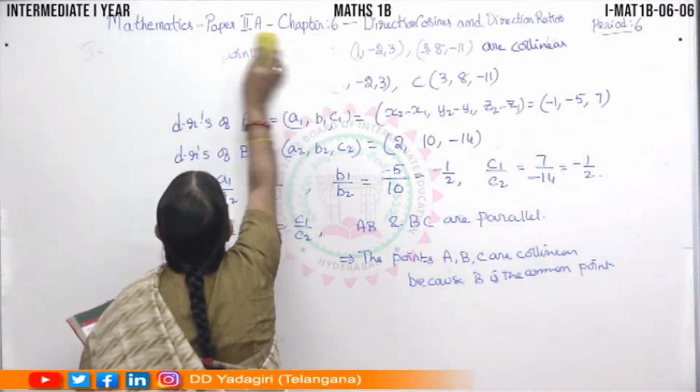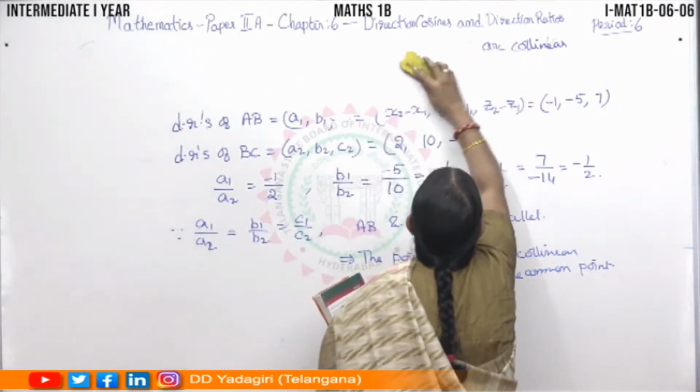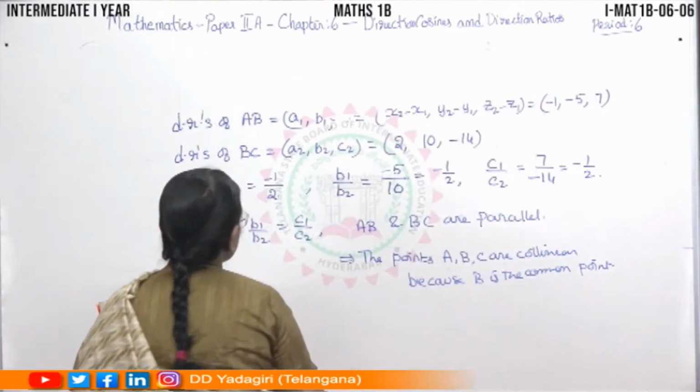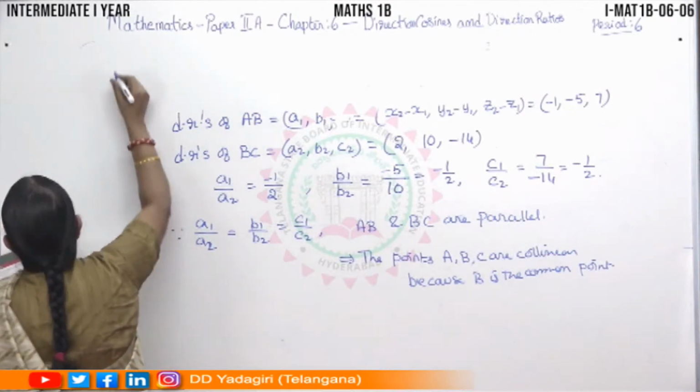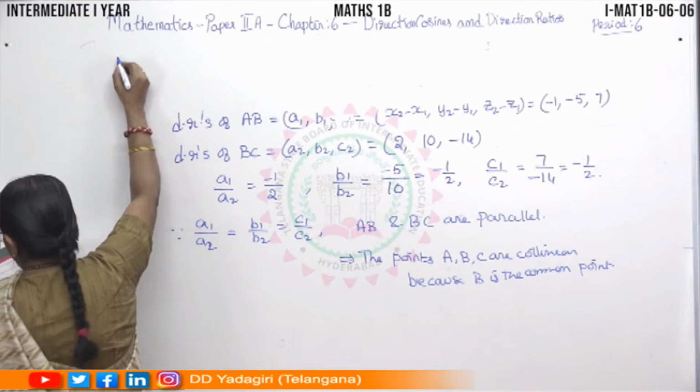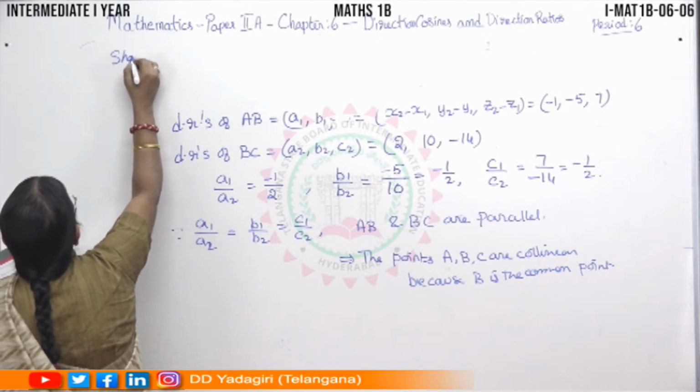Okay, now we do the next problem. You are given 4 points. Show that they form the sides of a parallelogram. It is the sixth problem in the second section.